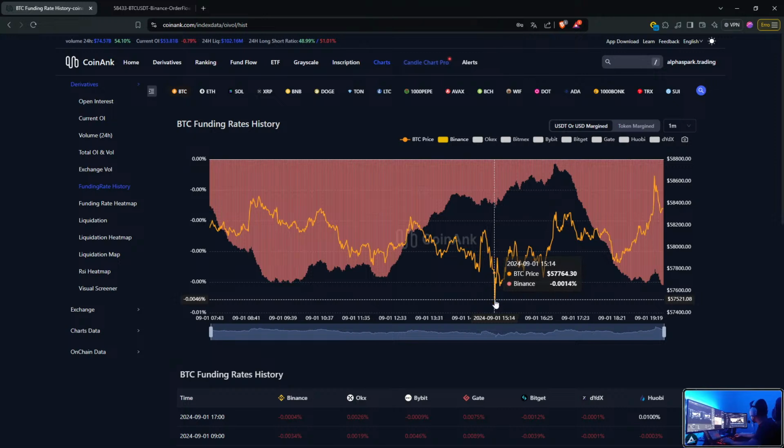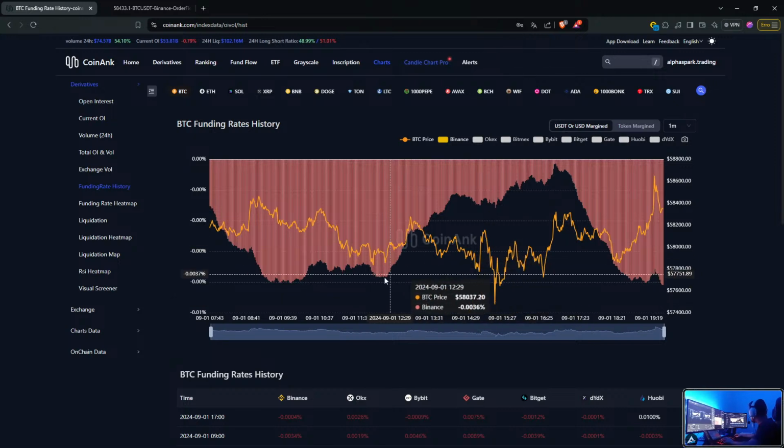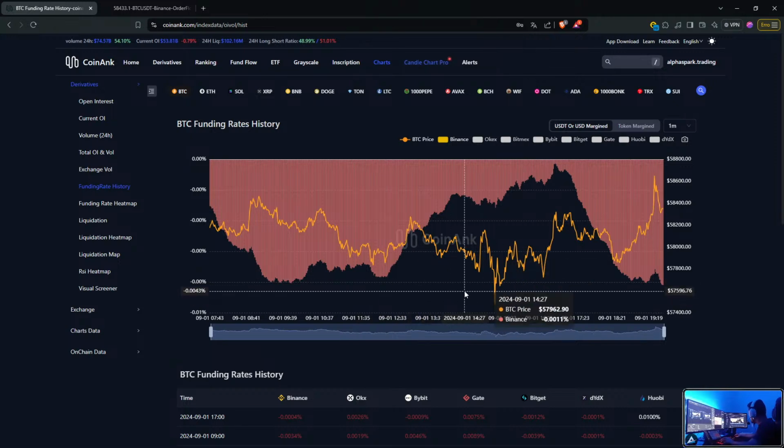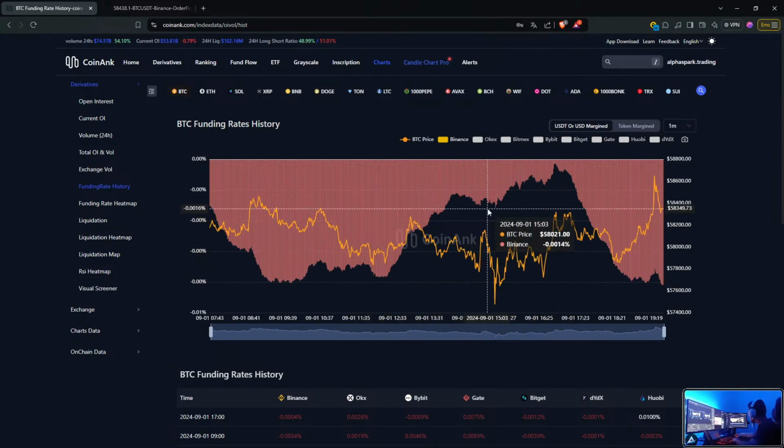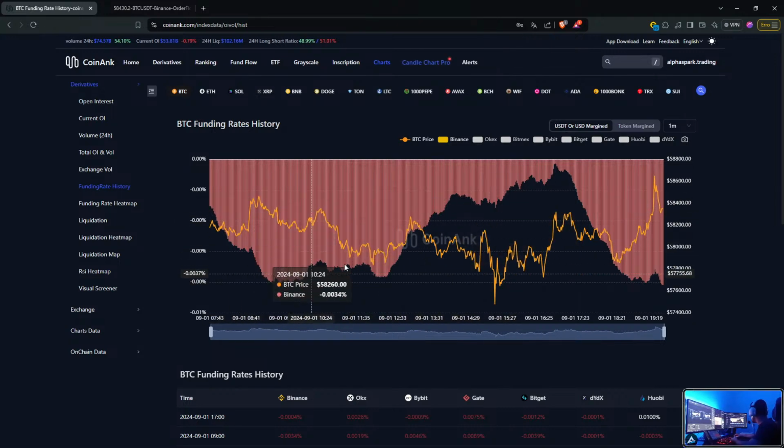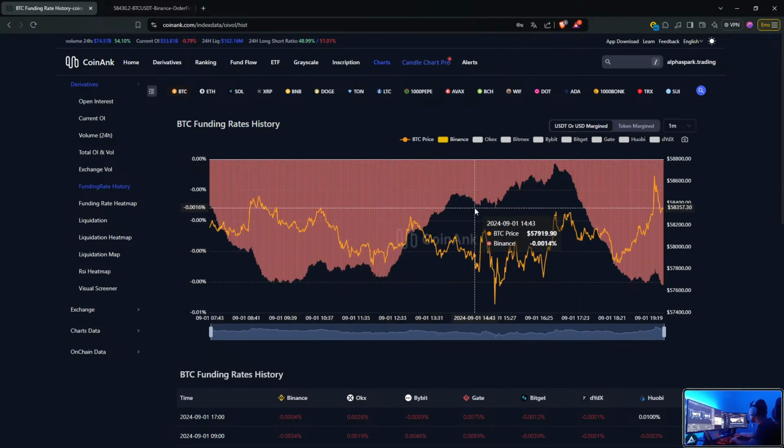So as you have this big aggressive move, and you were already anticipating that move, and you start seeing funding rates going further up, such a big difference from what it has been doing, that's a good sign. It's as good as any other, to be fair, but it is a good sign.